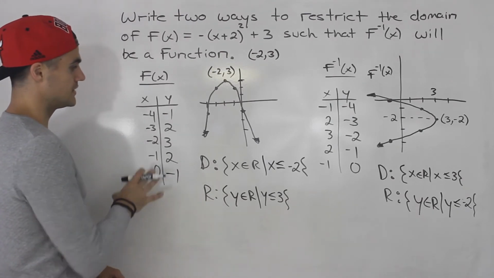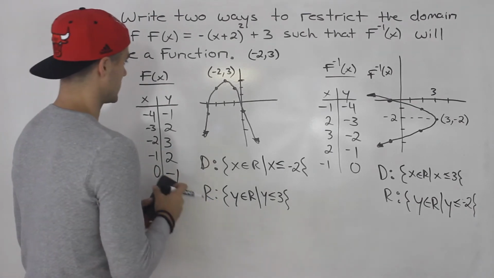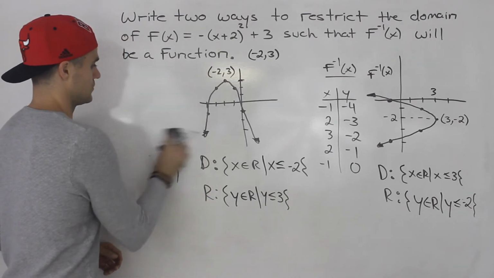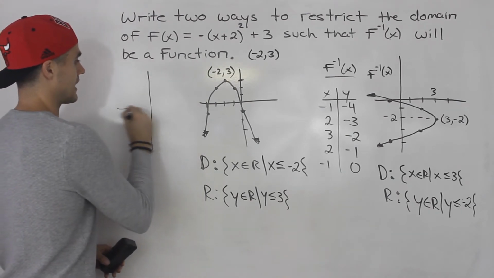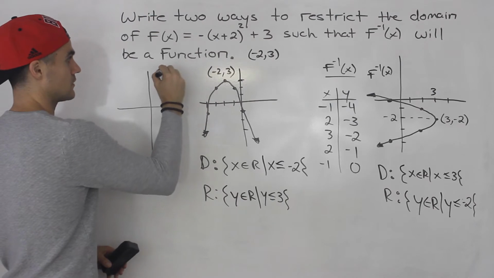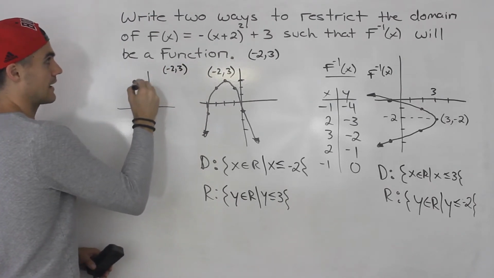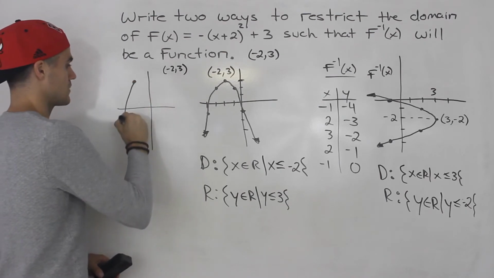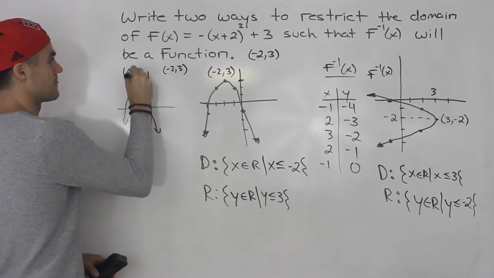Now, you didn't really have to make this table of values here. If I got this question, I would just do it a lot quicker. What I would do is I would just care about the vertex. So I know the vertex is happening at -2 and 3, which is around here. And I know this is opening down. So I would just draw a parabola that's opening down like this.